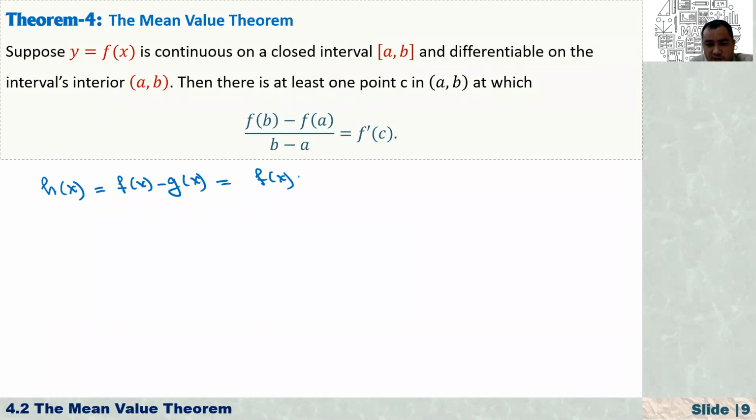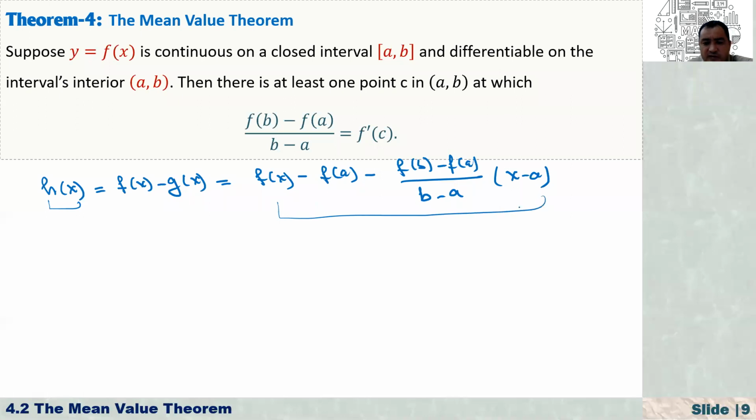What is the g function? Minus, here we have f of a, plus it is minus, here we have f of b minus f of a over b minus a. Now here we have x minus a. So now I have formed a new function.